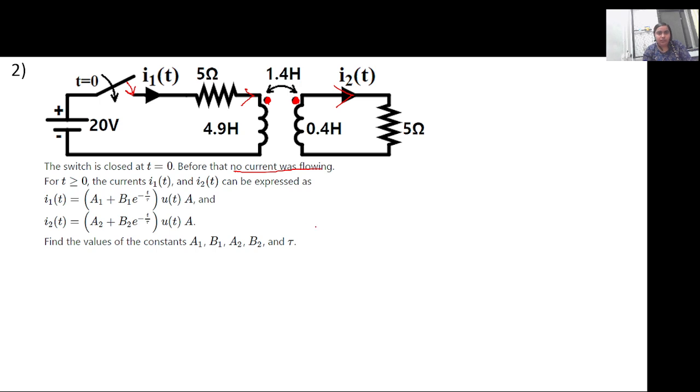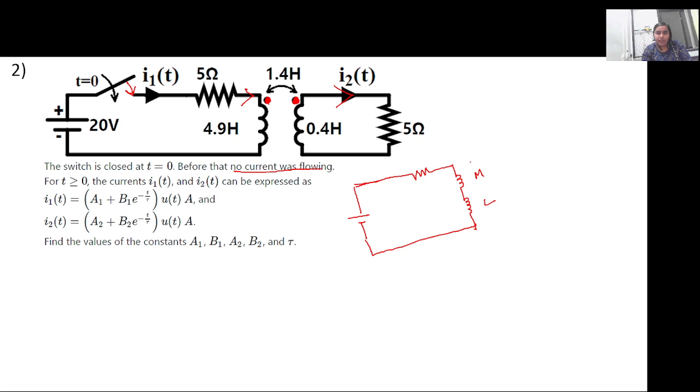So the primary of the circuit can be drawn. Suppose it is in the time domain itself. How did we solve it in the previous class? We took into account the mutual inductance and the self inductance.